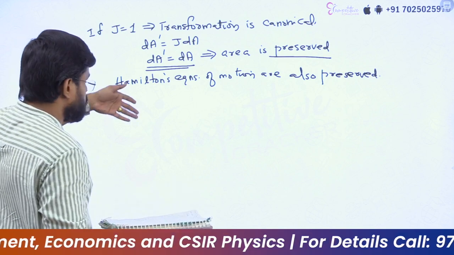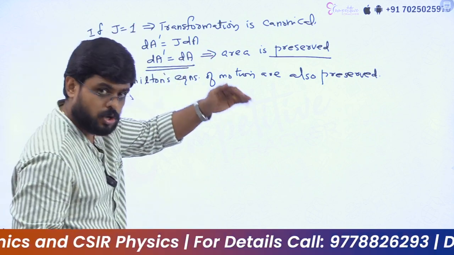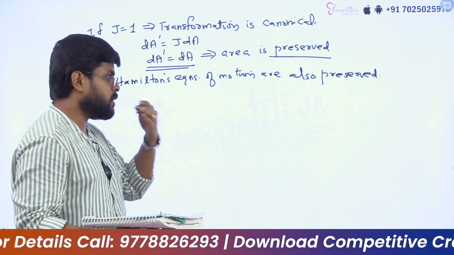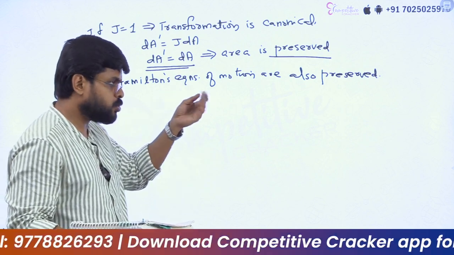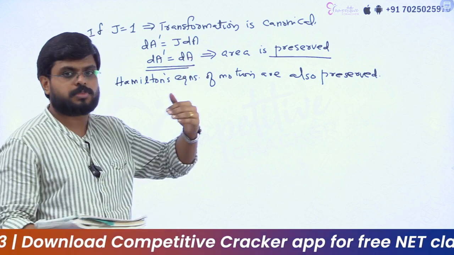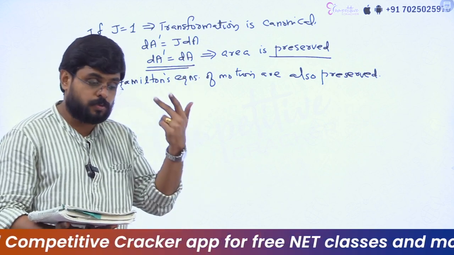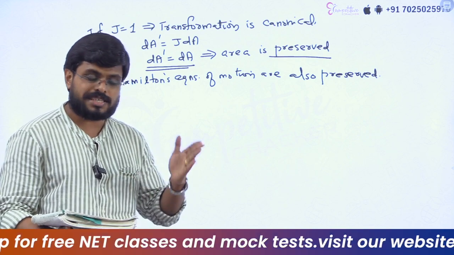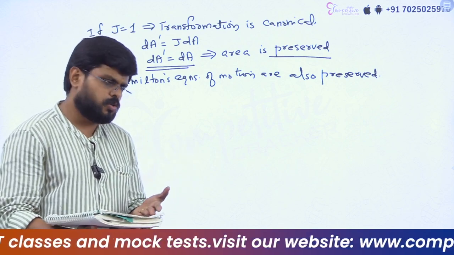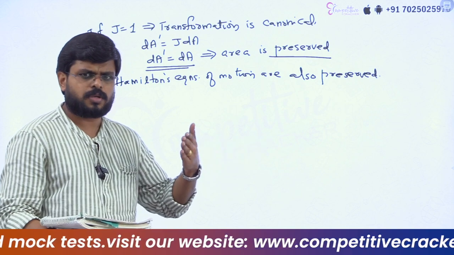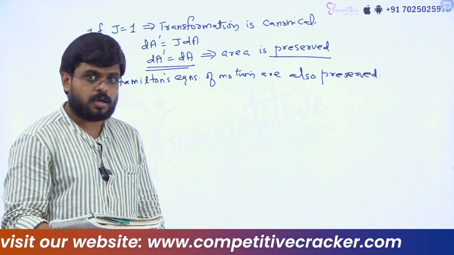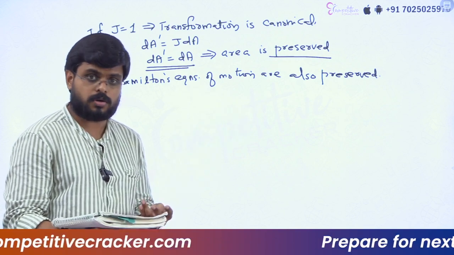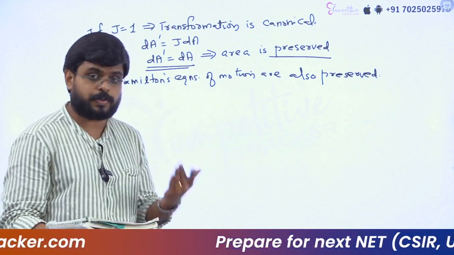So if J is not equal to 1, the transformation is not canonical. You will be given different questions regarding this to check whether the given transformation is canonical or not. You should be able to find out the value of the Jacobian there. Okay, so you will be given some complex functions to find whether the given transformation is canonical or not. So you should have that much practice.